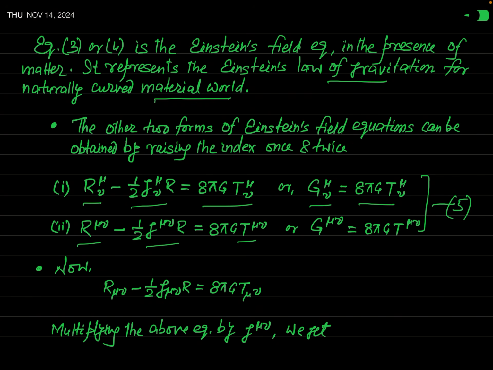Now let us see. This is our Einstein's field equation. And now we are going to see what Einstein's field equation will actually be in free space, in empty space, where there is no matter. For getting this equation, let us multiply this Einstein's field equation on both sides by this fundamental tensor G mu nu.